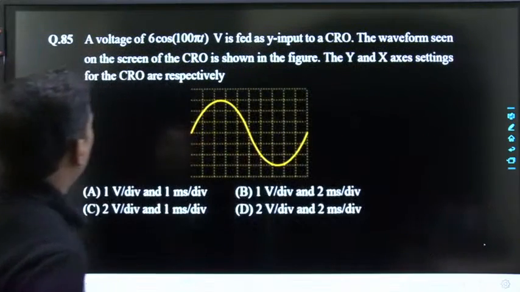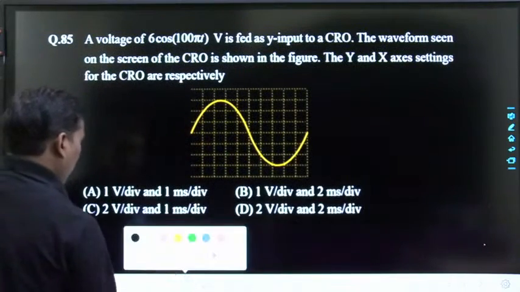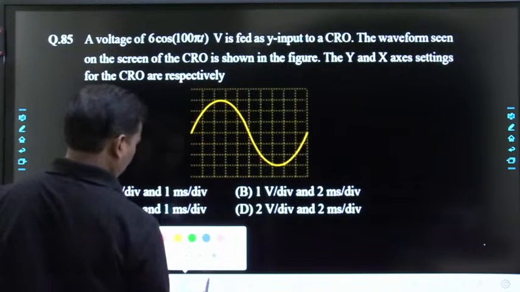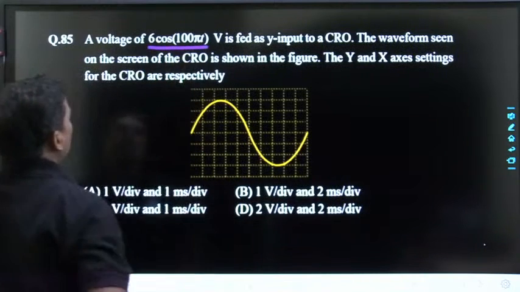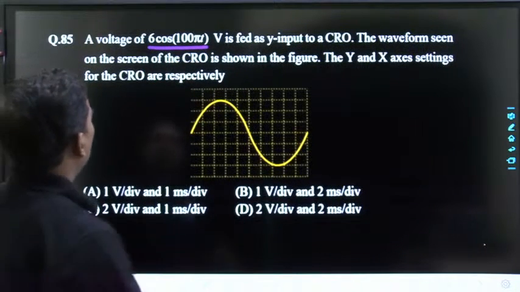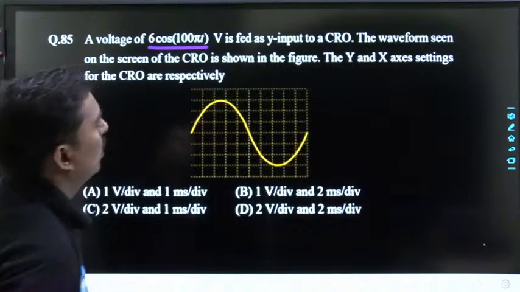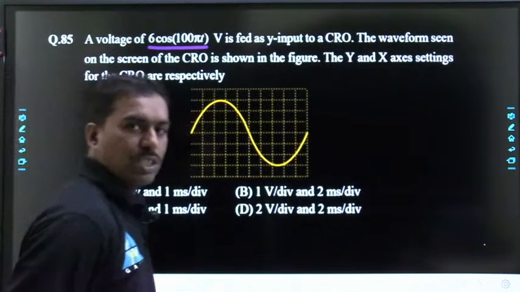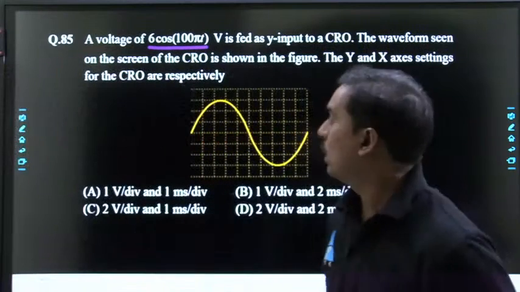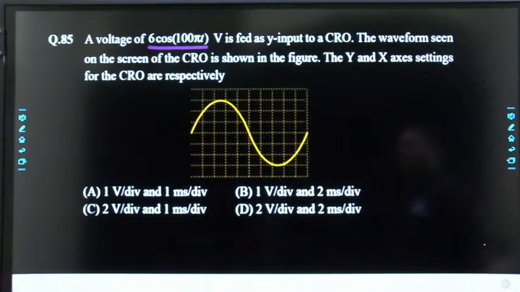Fast. A voltage of 6 cos omega t V is fed as a Y input to CRO. The waveform seen on the screen of the CRO is shown in the figure. The Y and X axis settings for the CRO are dash.